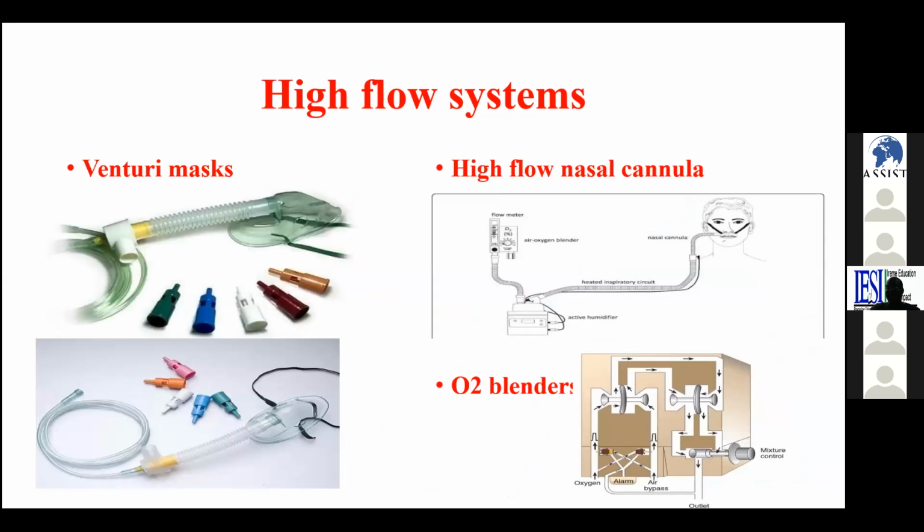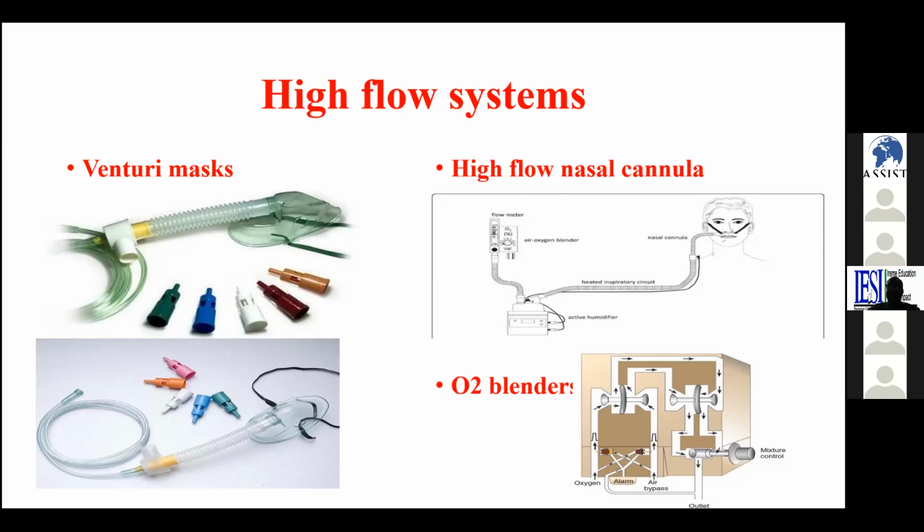So for high flow devices, what is familiar to us? The first one is the high flow nasal cannula, especially for those who are rotating and working in neonatology. I think you are familiar with this high flow nasal cannula. It mostly serves neonatal patients with respiratory distress syndrome.